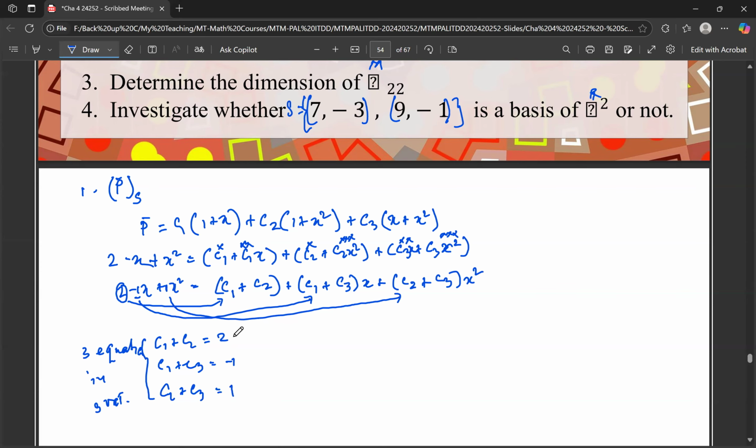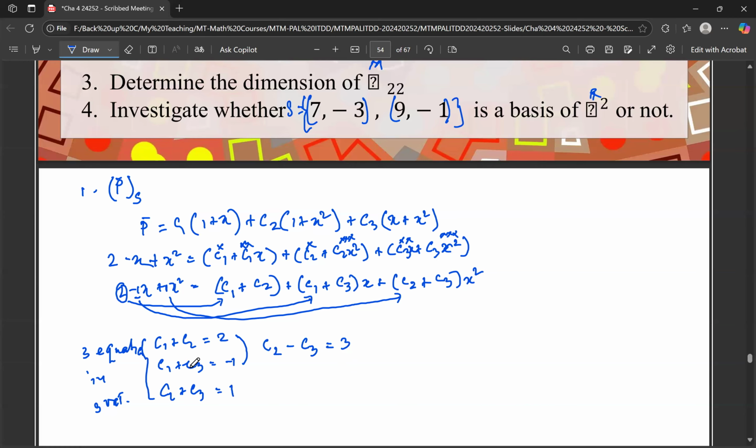For example, we want to eliminate C1 here. We subtract the first equation from the second equation, so C1 will be eliminated. So we have C2 minus C3 is equal to 2 minus minus 1, which is 3.